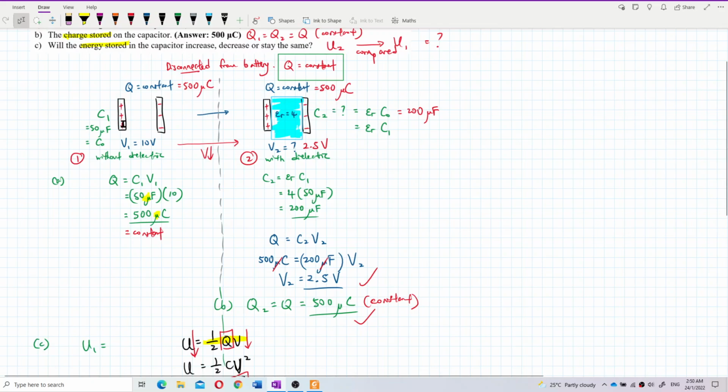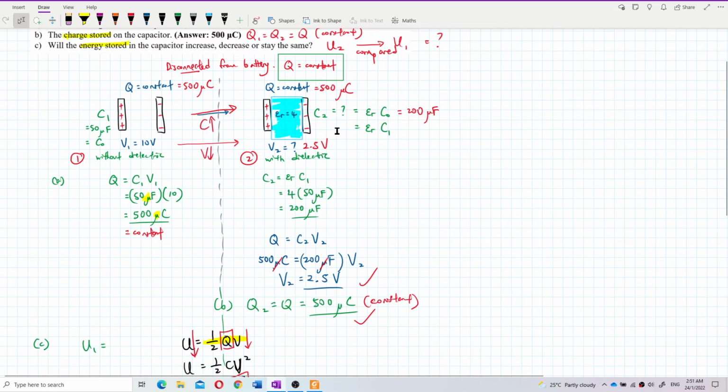So after you insert a dielectric, the capacitance increases, from 50 become 200 microfarad.